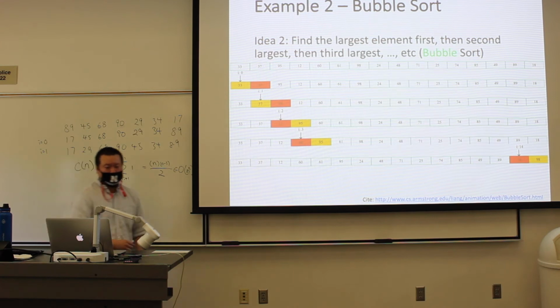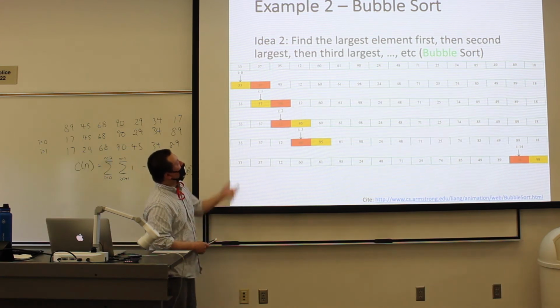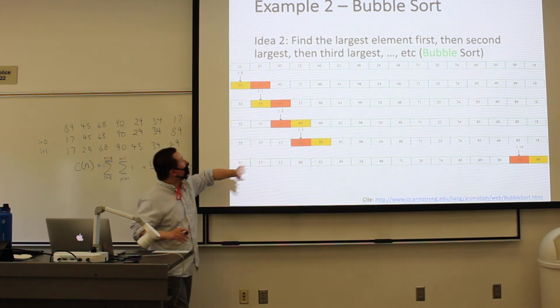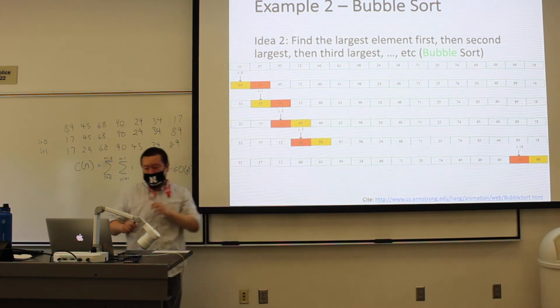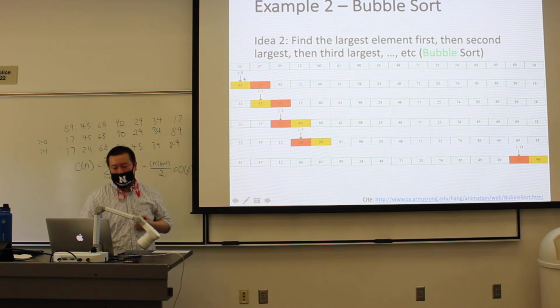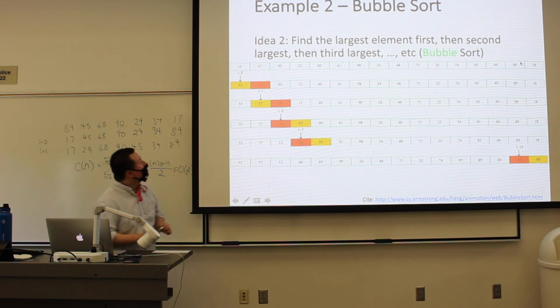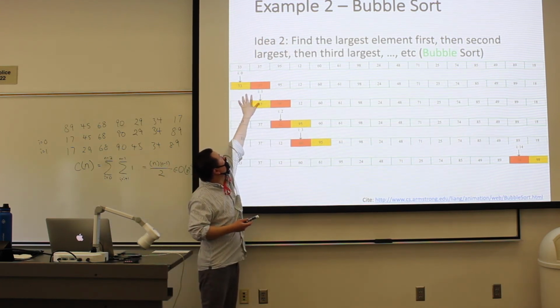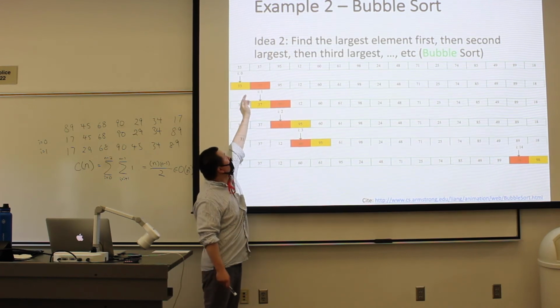Here's an example. I was going to have some animation here, but somehow it didn't show up. But anyway, we have an array here, from 33, 37, all the way up to 18. It's going to start from i equal to 0 and pairwise compare.